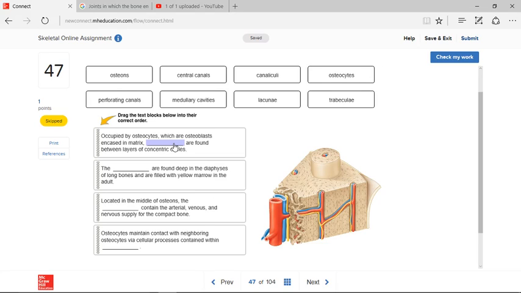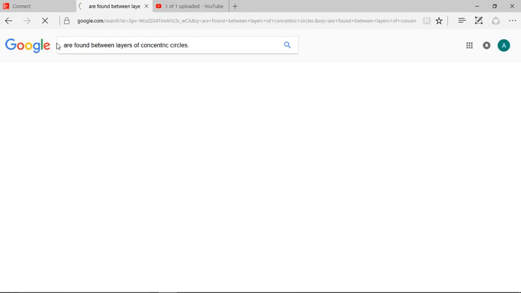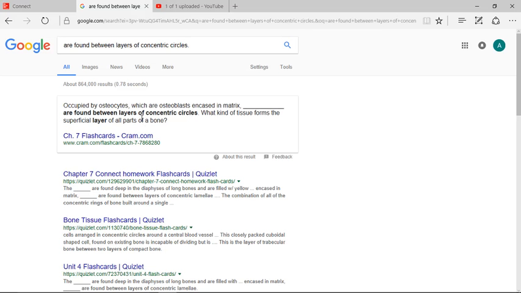Blank are found between layers of concentric circles. So what are found between layers of concentric circles? Just quickly, we're going to see what this is. Occupied by osteocytes, which are osteoblasts encased in matrix, blank are found. Wow, Google just schooled me.